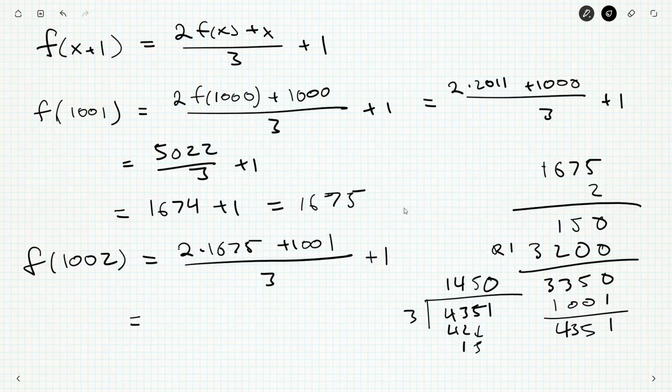So we'll have a remainder of 1. So we'll have 1450 and 1/3 plus 1. So it'll be 1451.33 repeating. Okay, I definitely don't like that. I'm not going to be using these numbers.